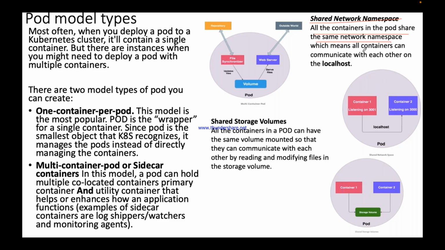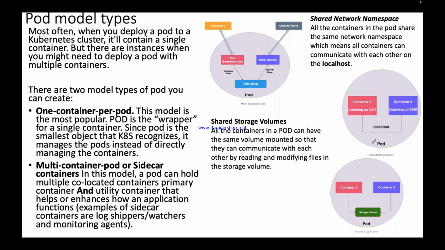network space. So can containers communicate with each other within the pod using localhost? Can they use localhost on 3000, the port of the other container, if that container is running on 3000? Yes.